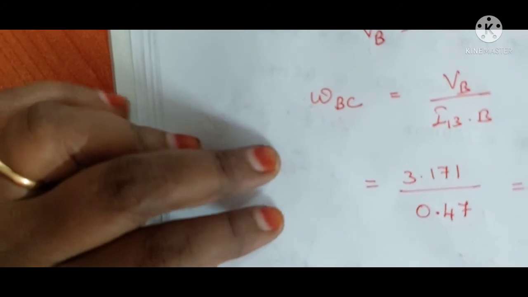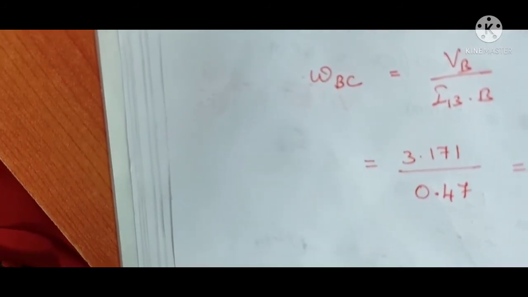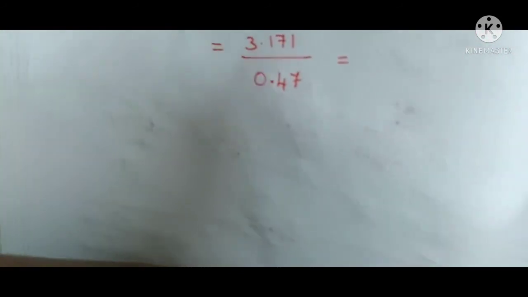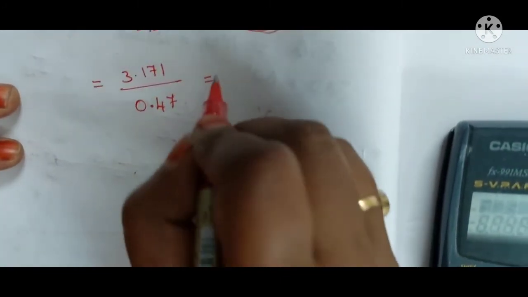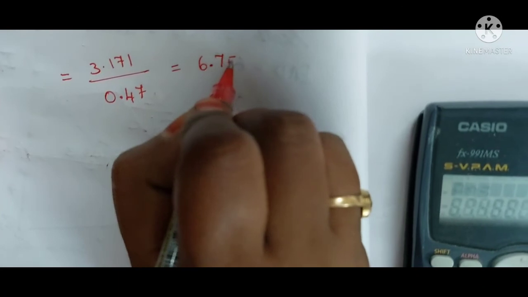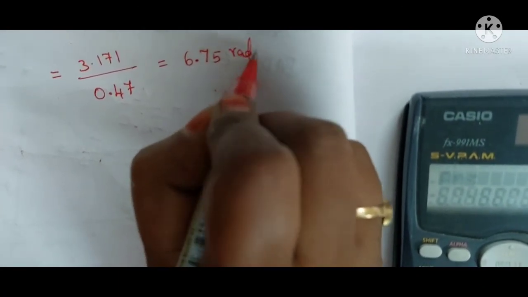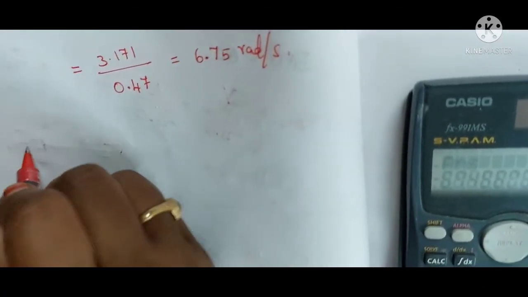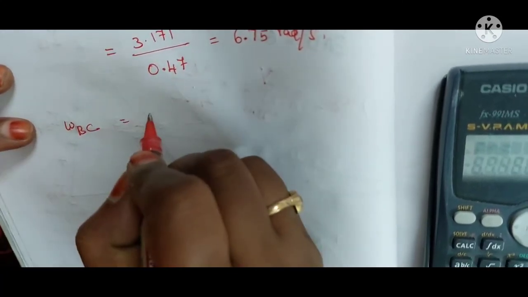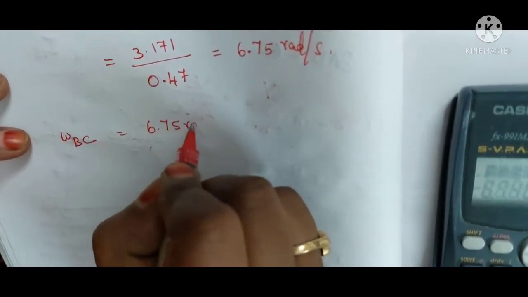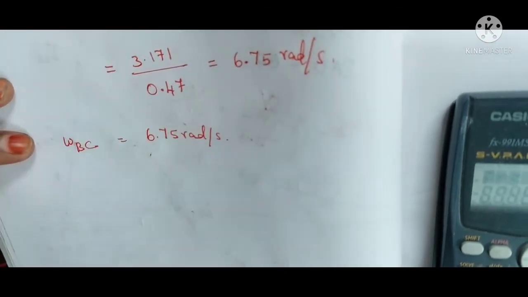By calculating this, you get the value of omega BC, which is 6.75 radians per second. So the answer, the angular velocity omega BC, is 6.75 radians per second. That's all.